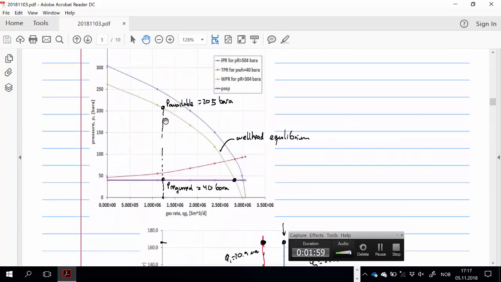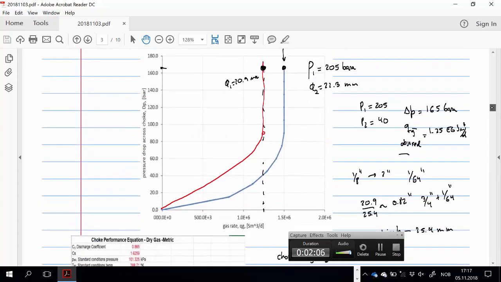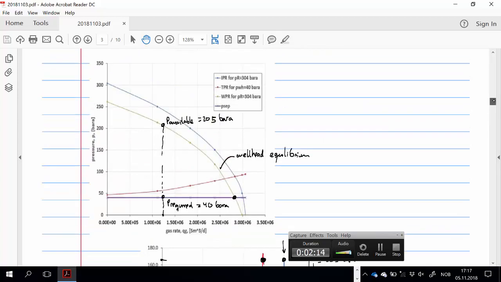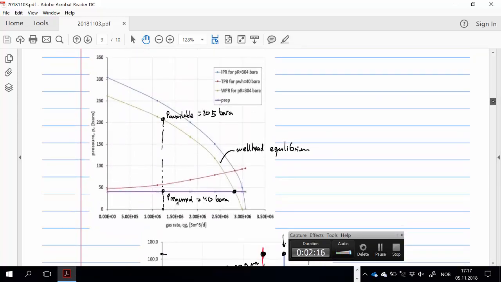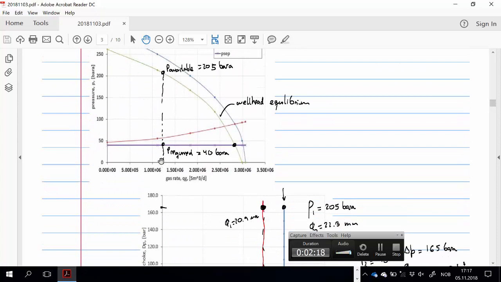We said, well, from this previous exercise, we know the delta P that we need of the choke. And then we went to the Excel sheet and calculated. And we saw, well, actually, that gives you a higher rate. The rate that I wanted was 1.25 or 35, I think. Okay, 1.25.